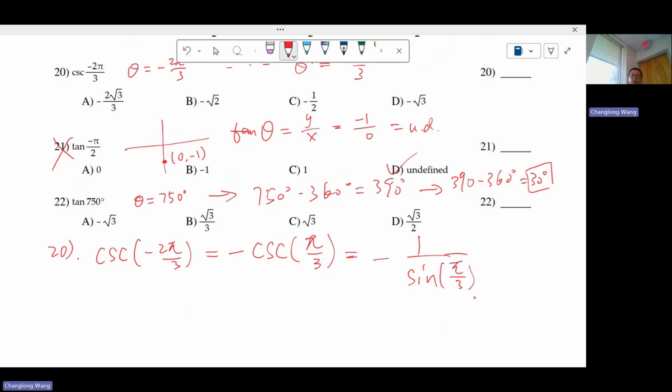But now pi over 3 is one of those special angles, right? And I guess you realize I posted the cheat sheet on D2R last night. I wish I could say that you guys should remember everything in it. I don't want to say that to stress you out, but the reality is the more you remember, the better off you are in a test.